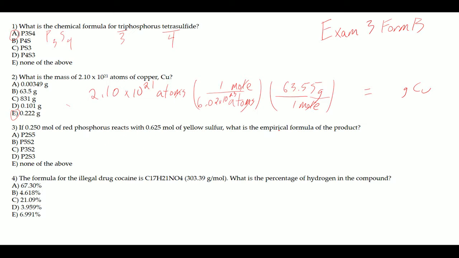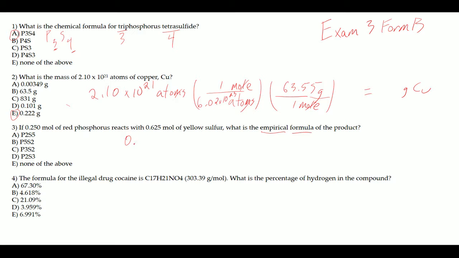Number 3 is an empirical formula. We talked about the process for that. Any formula here, the numbers, like up here we had phosphorus 3, sulfur 4, the numbers are the ratio of moles of each element. So up here there was 3 moles of phosphorus for every 4 moles of sulfur, that ratio. Here we have 0.25 moles of phosphorus for 0.625 moles of yellow sulfur. So I want to simplify that.